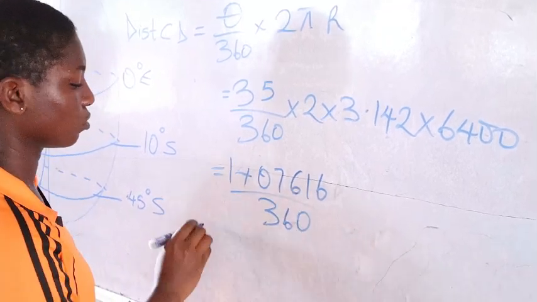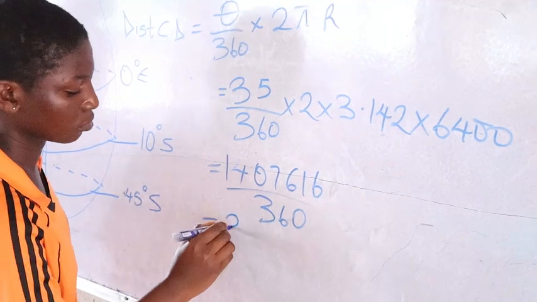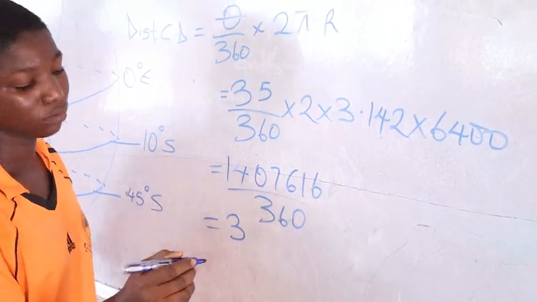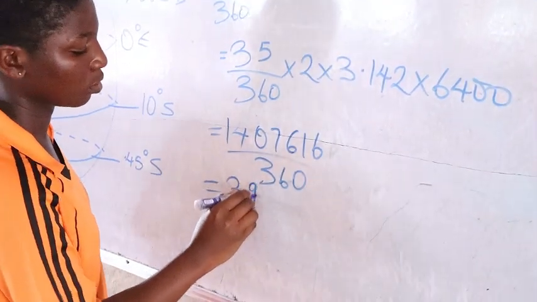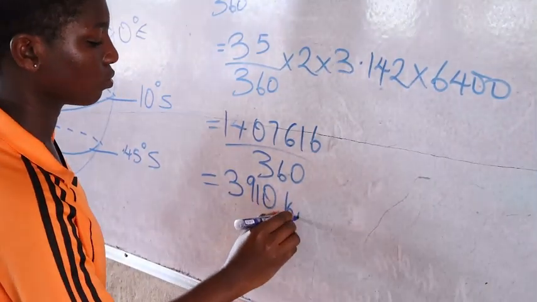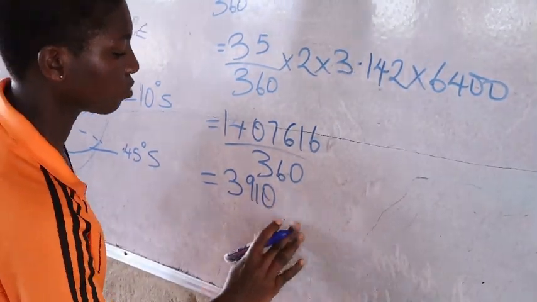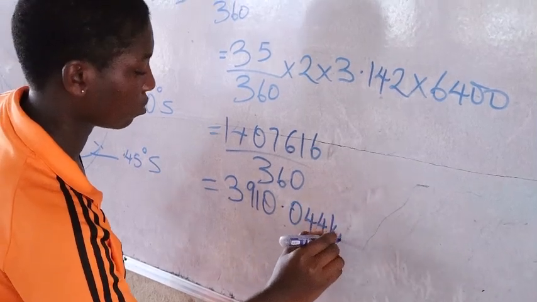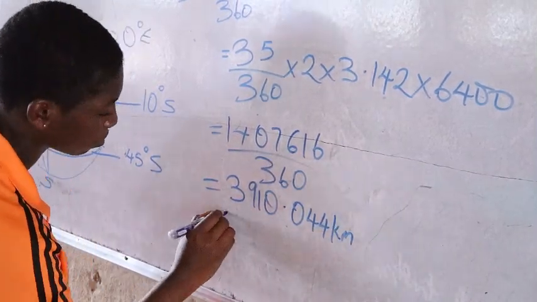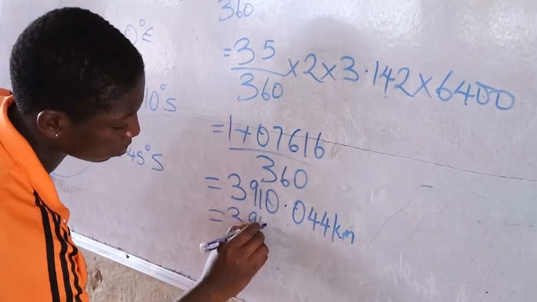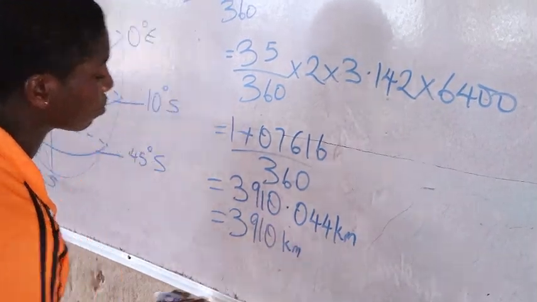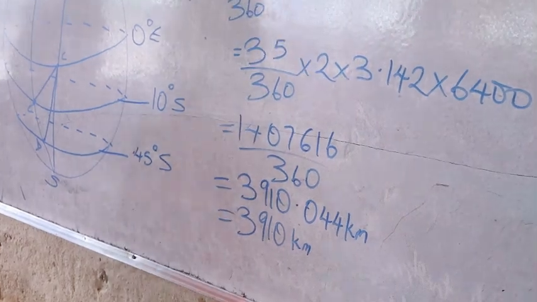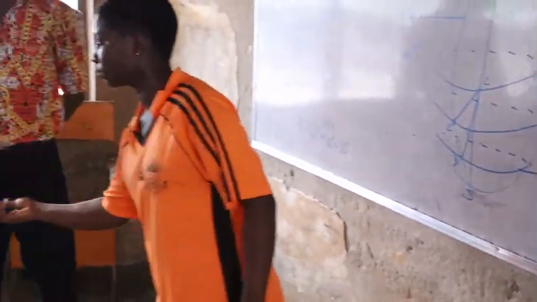What's the final answer? 3910.004 kilometers. Now approximate that answer to 3 significant figures. 3910. Is it the final answer? Yes, sir. Please clap for her. Thank you.